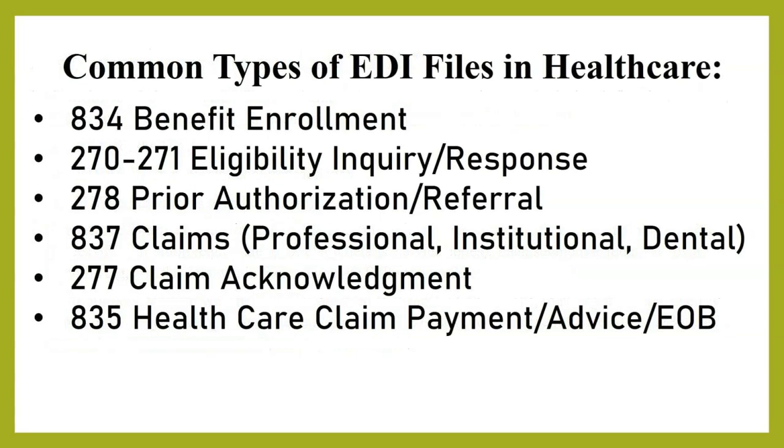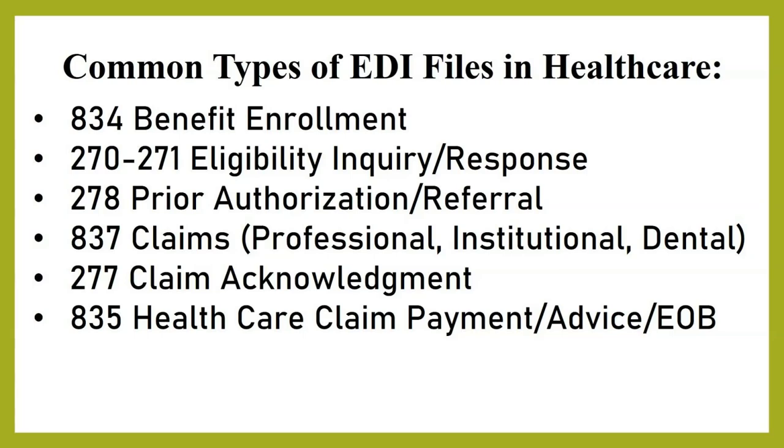Common types of electronic data interchange files in healthcare. 834 benefit enrollment. 270 to 271 eligibility inquiry, response. 278 prior authorization, referral. 837 claims, professional, institutional, dental. 277 claim acknowledgement. 835 healthcare claim payment, advice, EOB.